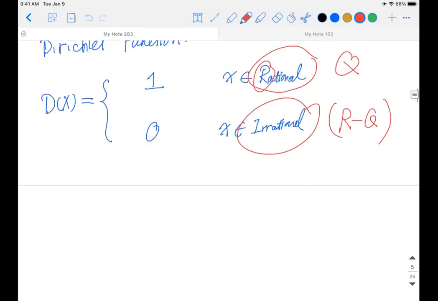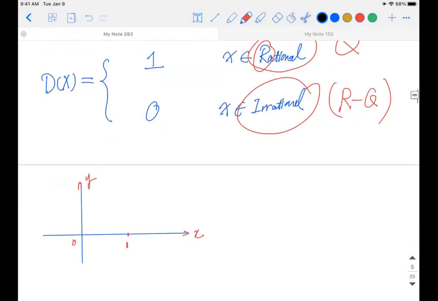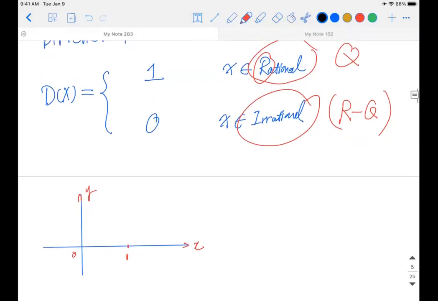Let's check it out. How can I give the graph of such a function? Let's think about it. This graph will be a bunch of points, right? Let's say I just want to make your life easier. We just try to give the graph between 0 and 1. This is y, this is x. So how many rational numbers between 0 and 1?